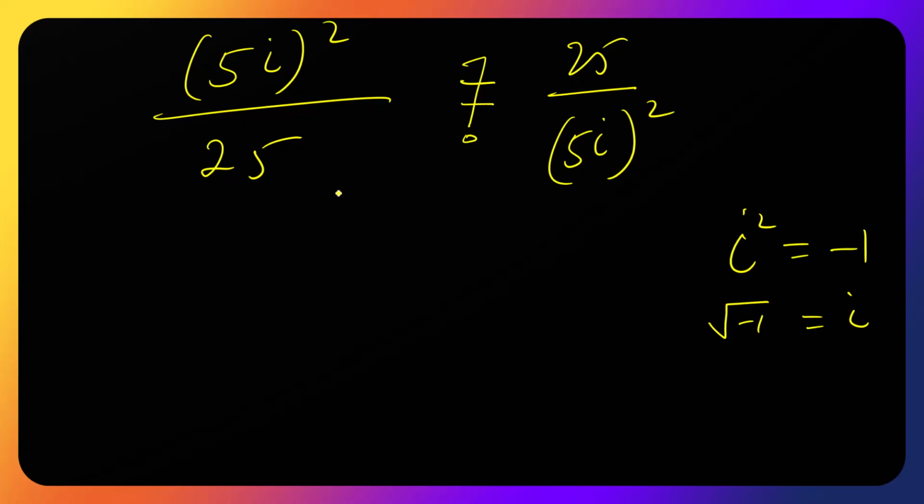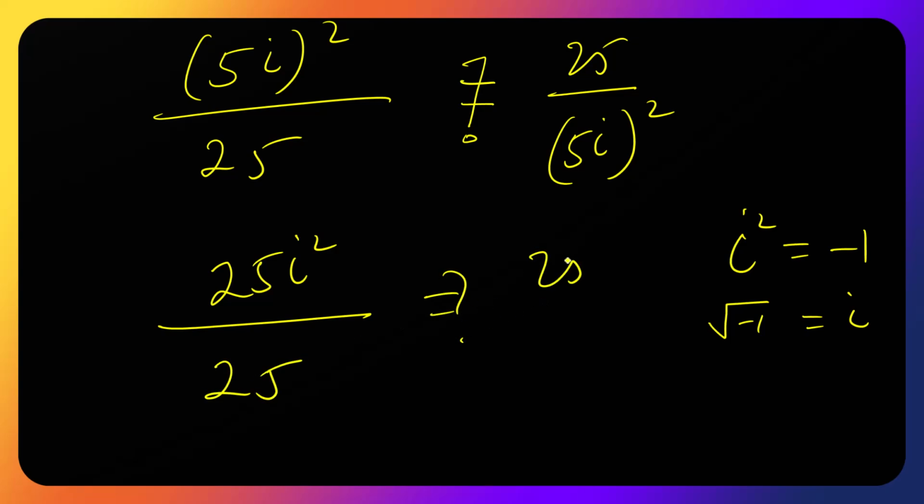So this side will be 5 squared i squared, that will be 25 i squared on 25, and we have 25 on 25 i squared.